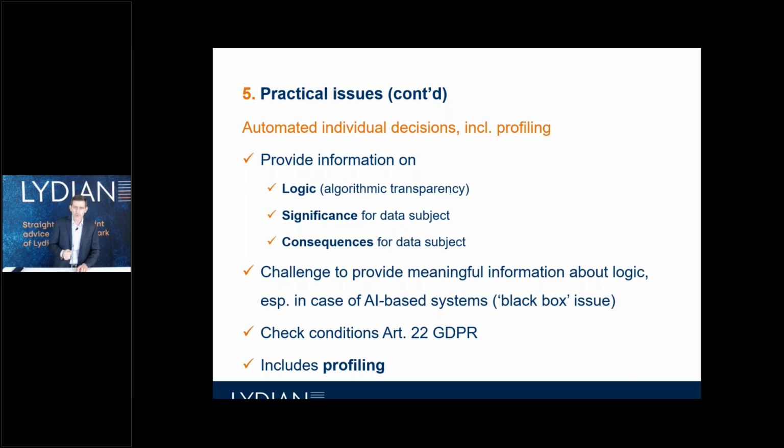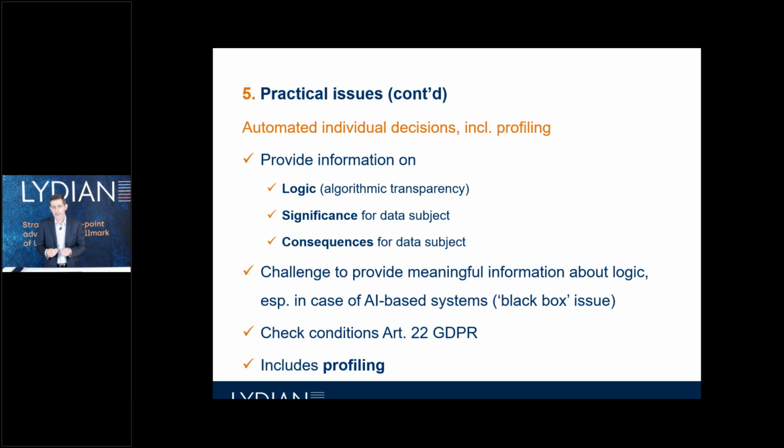First of all, you need to provide some information on the logic of the algorithm, what we refer to as algorithmic transparency. Secondly, you need to provide some information on the significance of this decision that is being made automatically about the data subject. And third, you need to provide information on the consequences for the data subject.